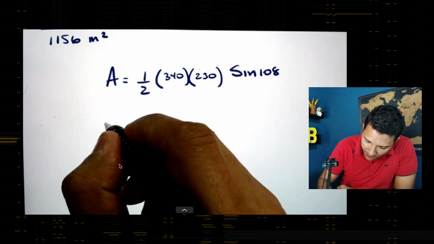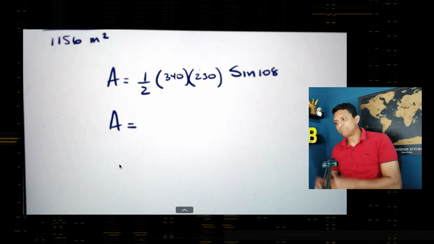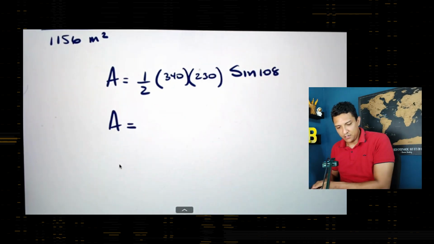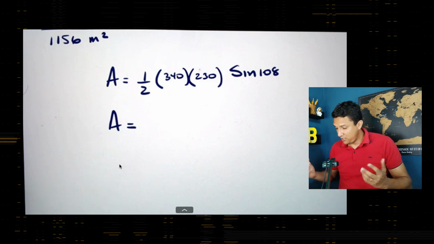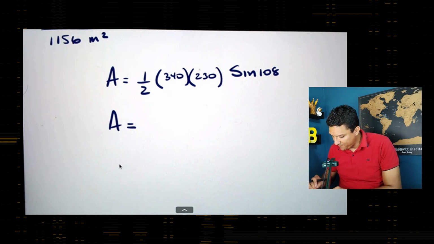Now that we have this formula, let's input this in our calculator. So 0.5 times 340 times 230 times the sine of 108.